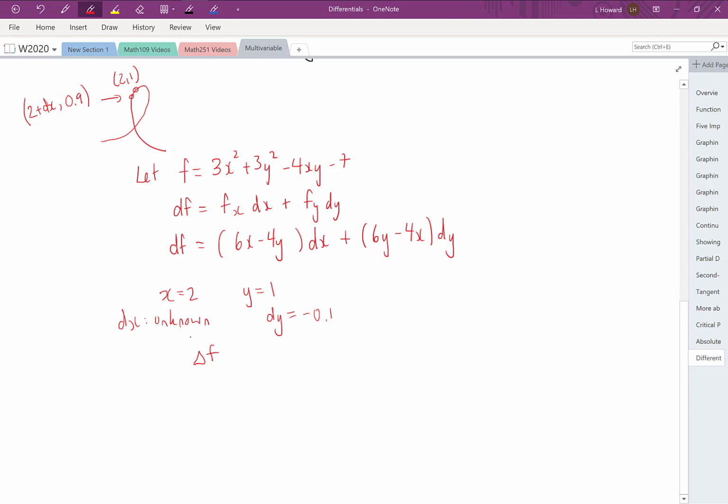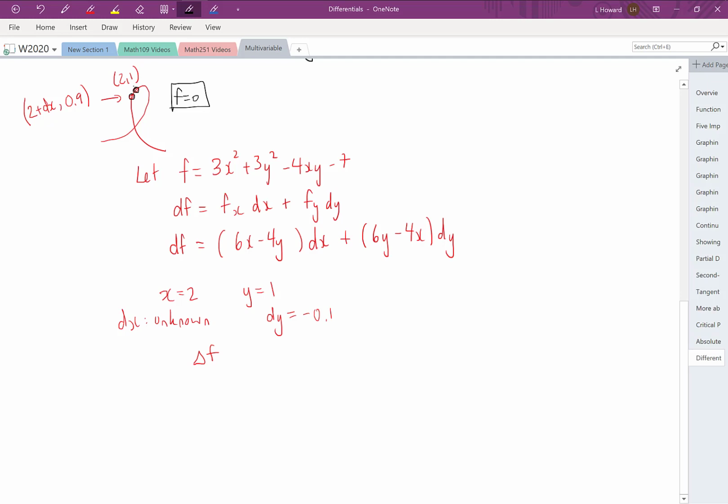Okay, so delta f is the change in f values as we move from one point to the other. But remember that the equation of this curve, the way we set this up, we called f the left side of the equation. So in fact, the equation of this curve is just f equals 0. That means this point here satisfies the equation f equals 0, and that point there satisfies the equation f equals 0.